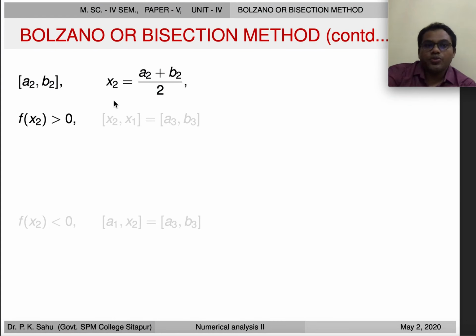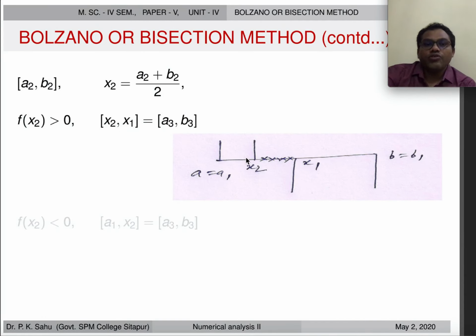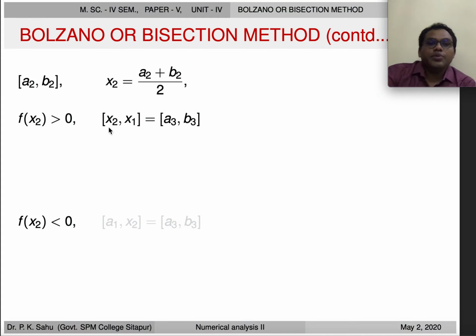Now there are two possibilities. If f(x2) is greater than 0, then where does the root lie? The root lies between x2 and x1. Why? Because f(x2) times f(x1) is less than 0. So the root lies in the interval x2 to x1. Now there may be the possibility that f(x2) is less than 0.